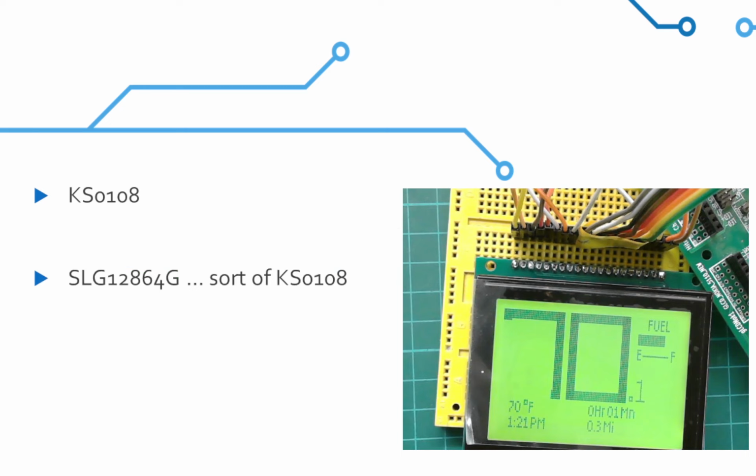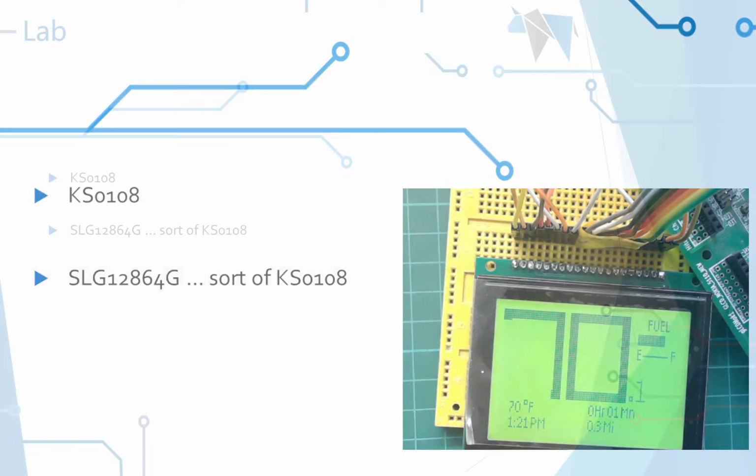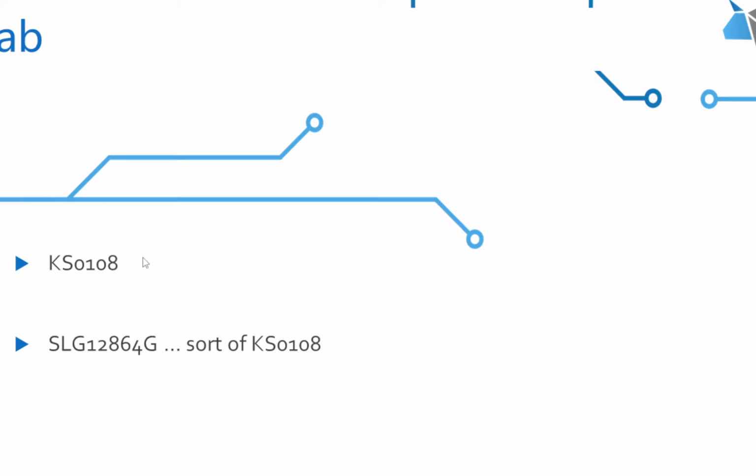Hence, this said KS0108 in the lab, but there's an SLG12864G. It's sort of a KS0108. It took 2 lines of code to fix his problem. All the font stuff, that's a different matter. But GLCD is extremely powerful.